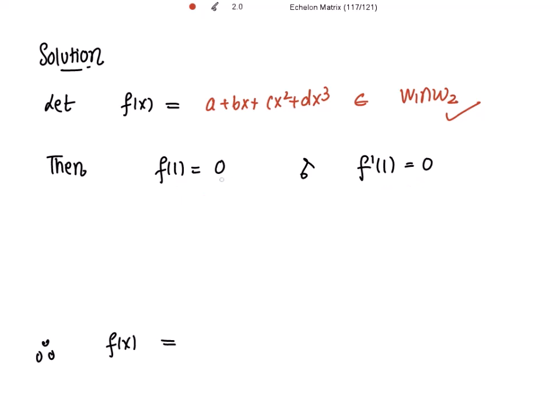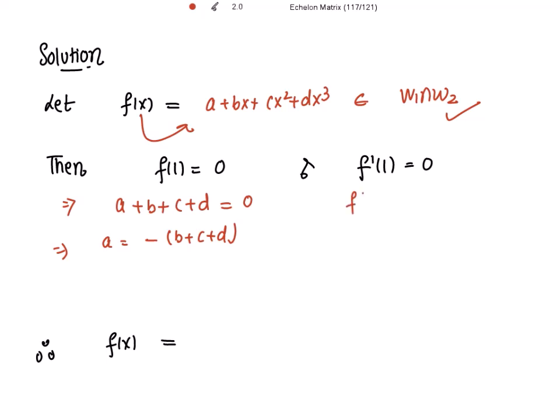f(1) = 0 implies, just put x equal to 1, we get a + b + c + d = 0. From here we get the value of a as negative of (b + c + d). From the second condition we have f'(1) = 0.